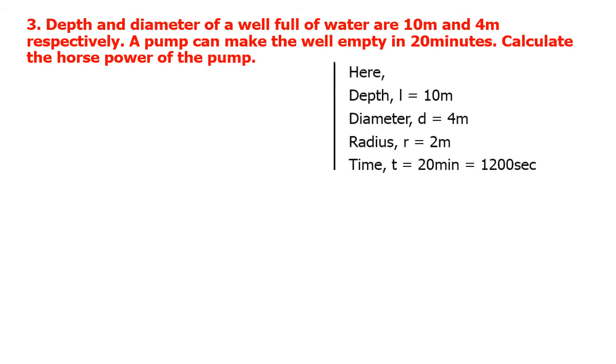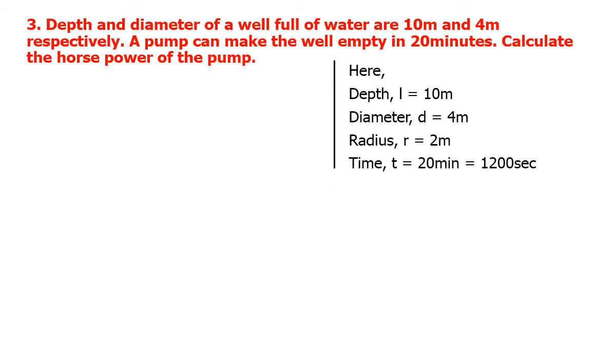First of all, we have to know the volume of the well. If we consider the well to be cylindrical, we know the formula of volume of a cylinder is V equals pi r square L. Here depth of the well is given 10 meter, diameter of the well is given 4 meter, so radius of the well will be 2 meter.